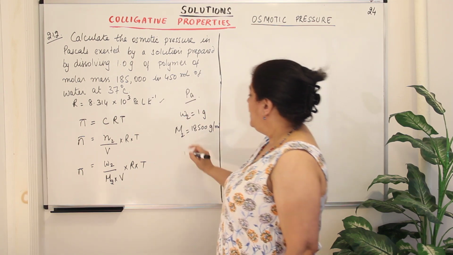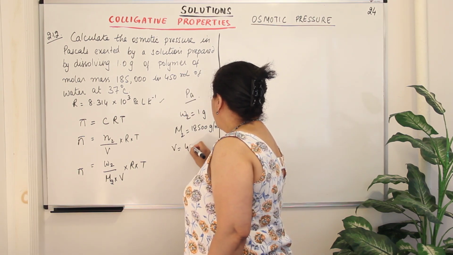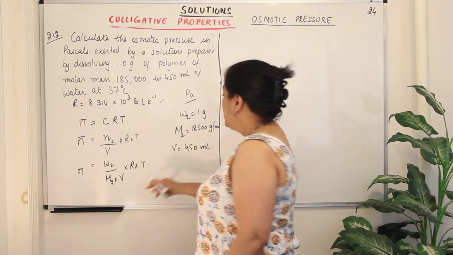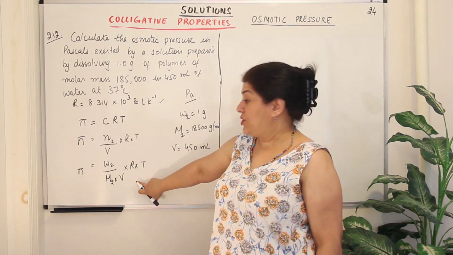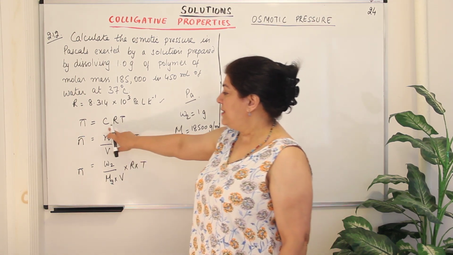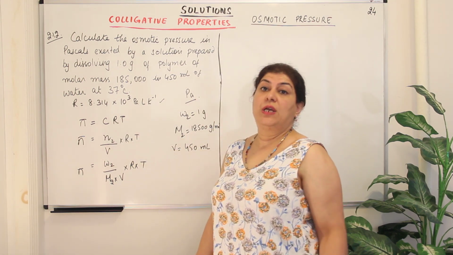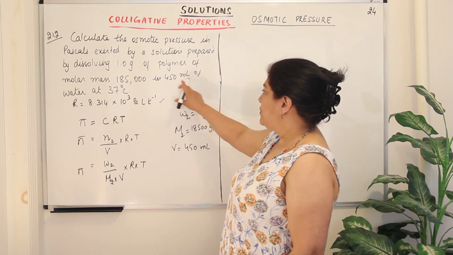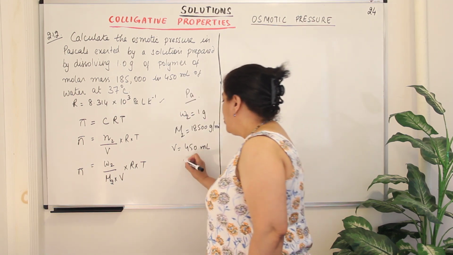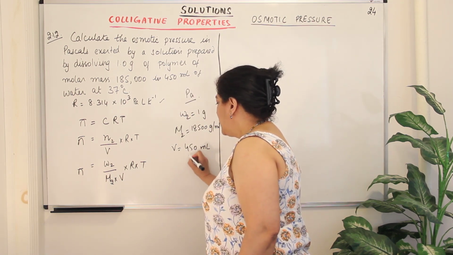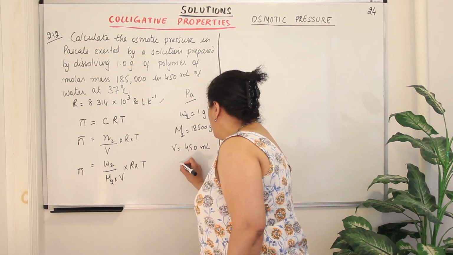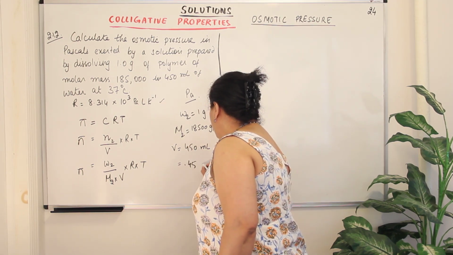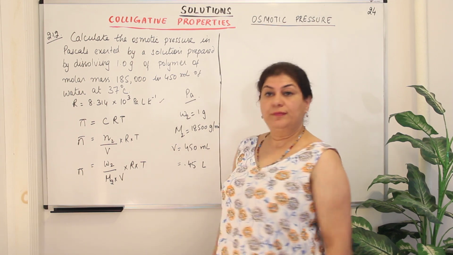And the volume of the solution is 450 milliliters, but we need the volume in liters, because molarity is the number of moles of the solute upon the volume of the solution in liters. So in order to turn it into liters, you will take it 3 points here, so it will be equal to 0.45 liters, right?